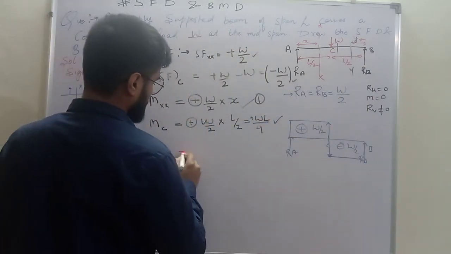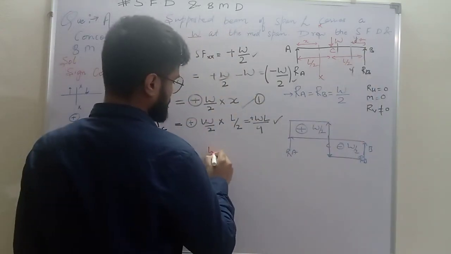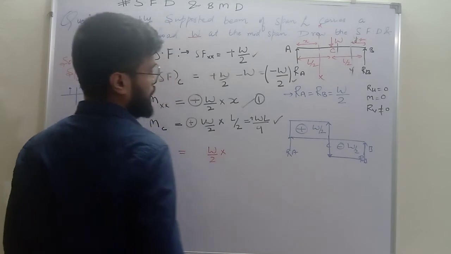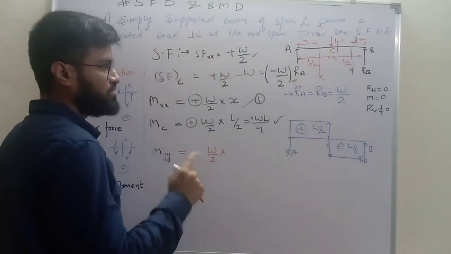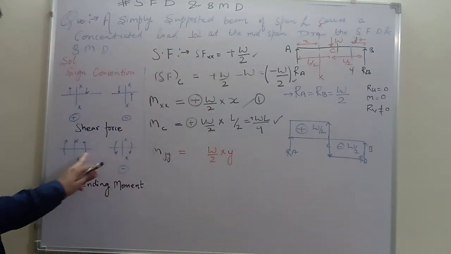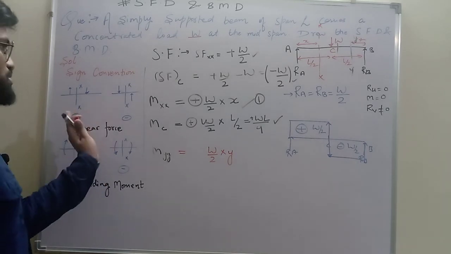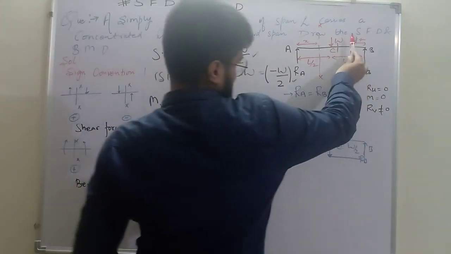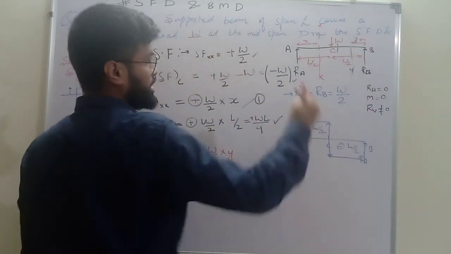So this is the force which is acting in the upward direction. Force is W by 2 into the distance of the section from the point where the force is acting, which is Y. And now see the convention also. If it is on the right side of the beam and acting in the anti-clockwise direction, we take it as positive. So this is the section YY and the load is acting on the right in the upward direction and tries to rotate in the anti-clockwise direction.